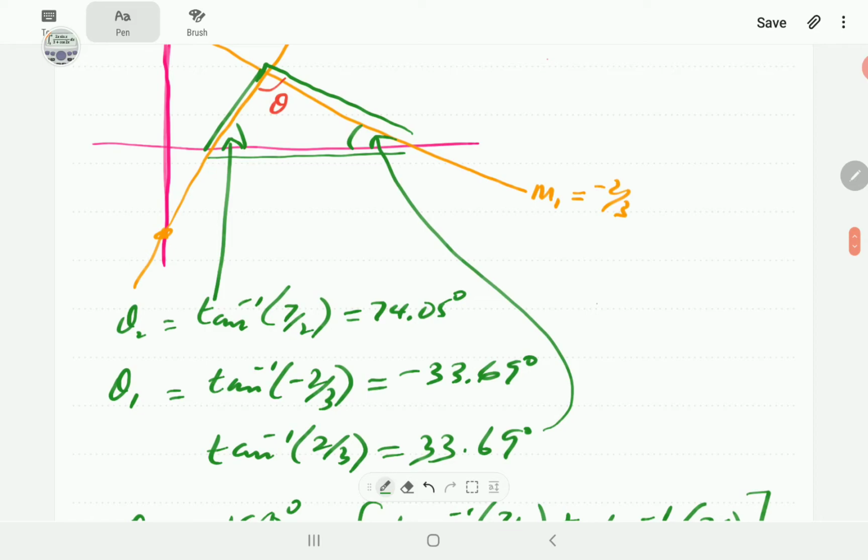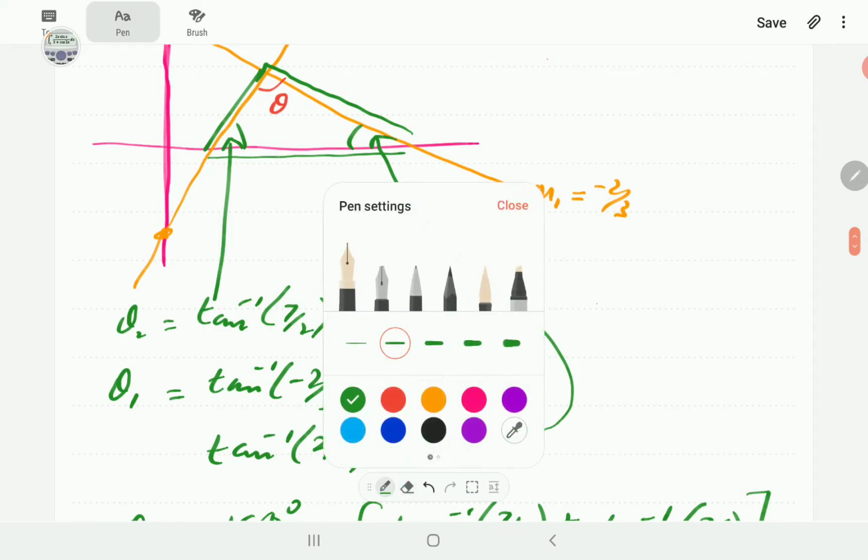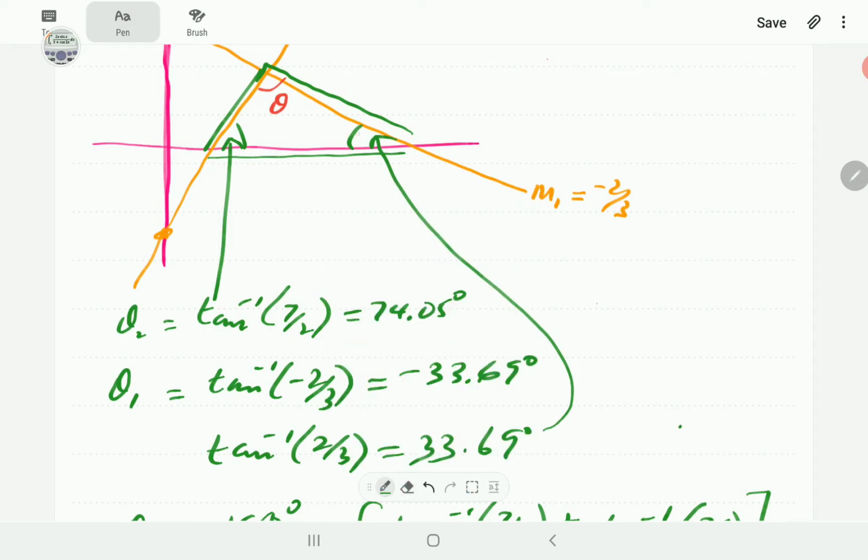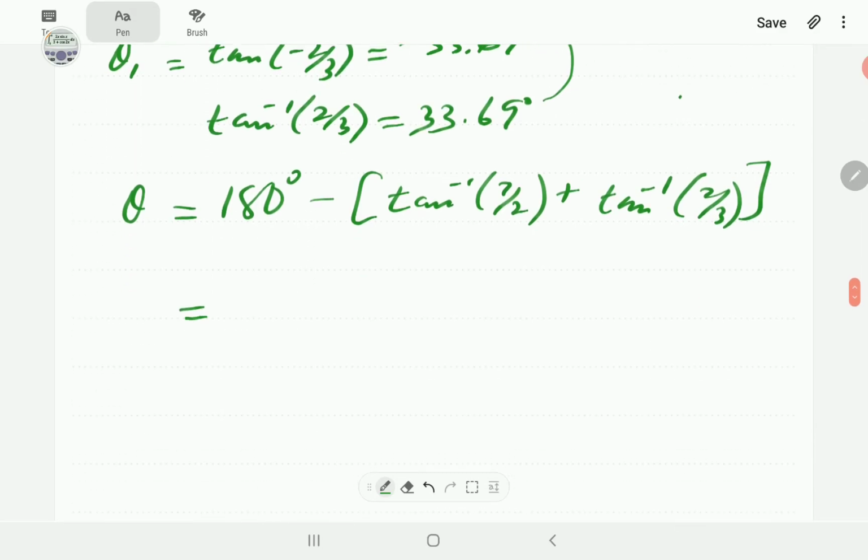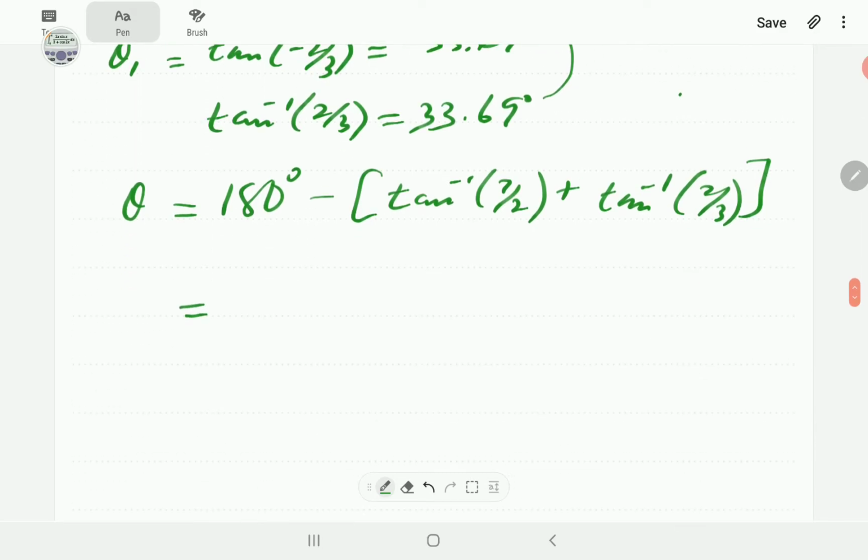Because this angle here plus this angle here plus theta must be 180, and then we simply punch this in the calculator.